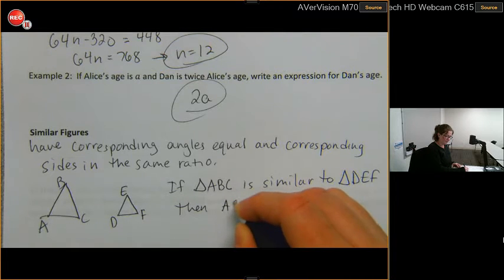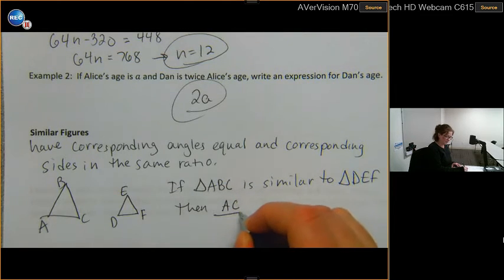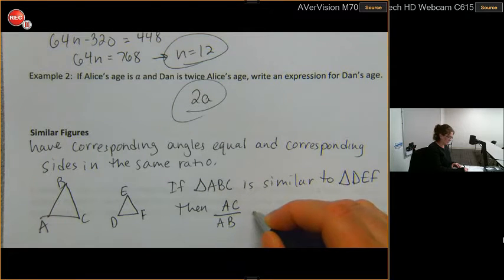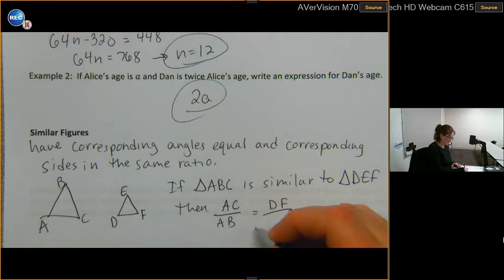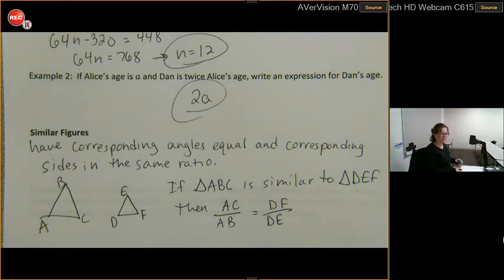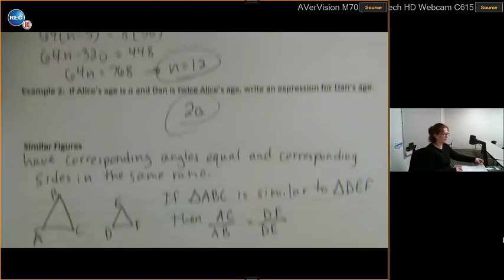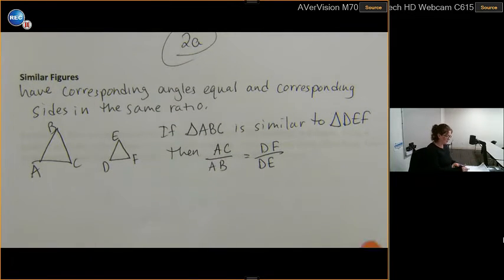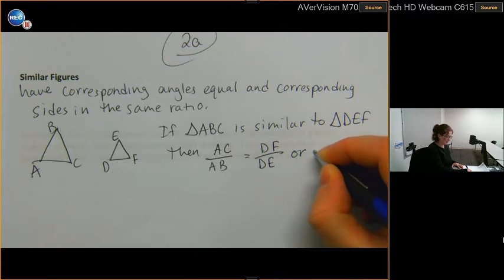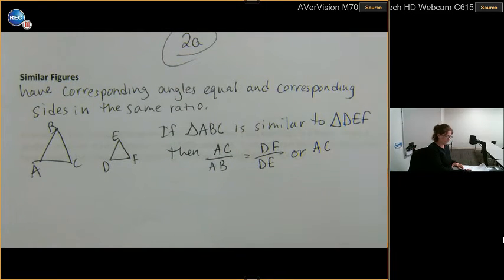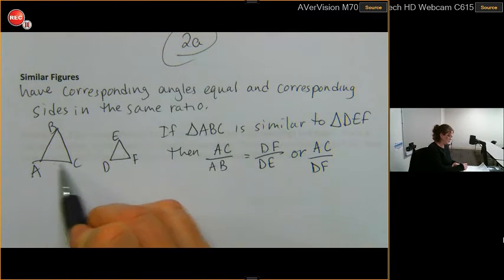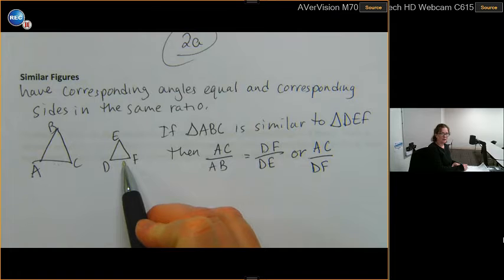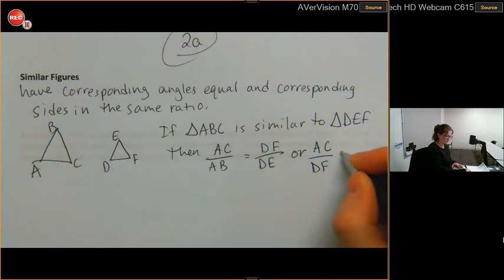So if I have side AC divided by side AB, then it's going to be the same as side DF divided by side DE. And that's just one of the pairs of sides. We also have, this could also be written AC divided by DF, so we're jumping between the same side on two different triangles.